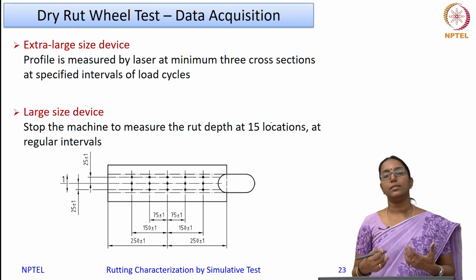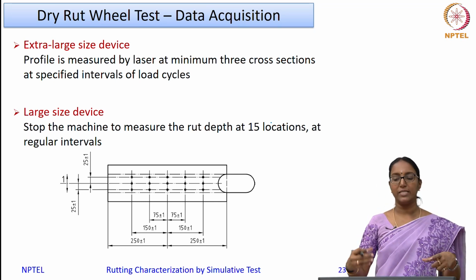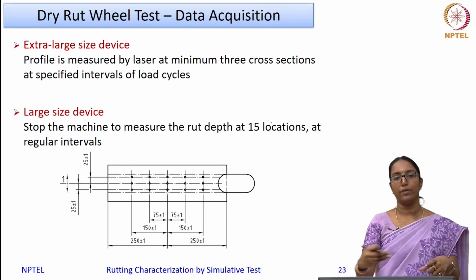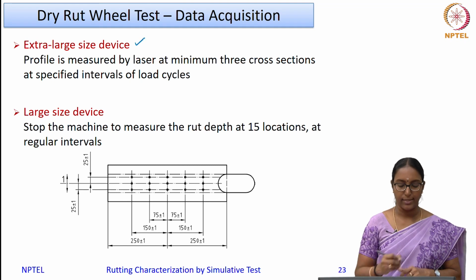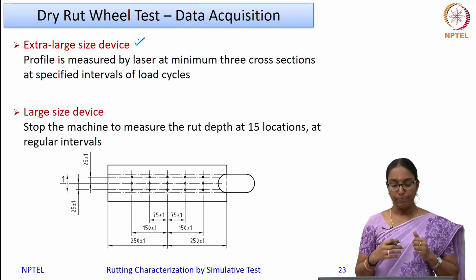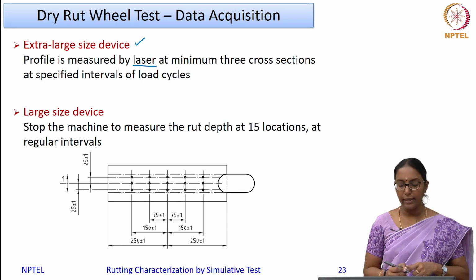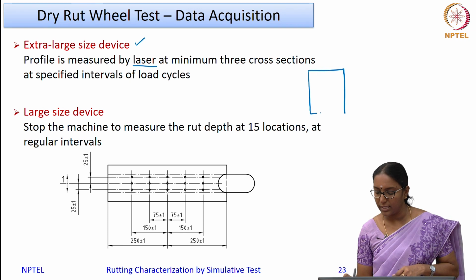And how is this data collected, or how is the deformation measured on the surface of the specimen? You have a specimen and a wheel traverses on the top of the specimen. In the case of an extra large size device, the profile of that surface is measured using lasers. Suppose this is a specimen.